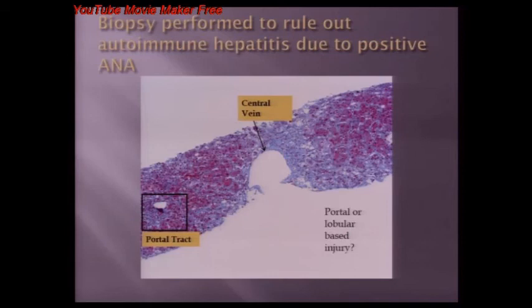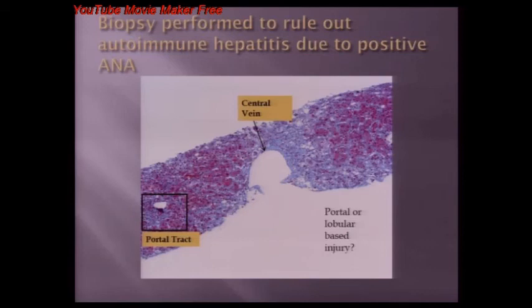The clinicians maybe are thinking this is autoimmune. We all did because of the positive ANA. Based on the tissue, do you guys want to call it autoimmune? Sure? Maybe not. What's autoimmune? Remember, what's the pattern of autoimmune? It's portal-based, chronic with interface. Okay? This is pericentral necrosis. Portal tract looks okay.